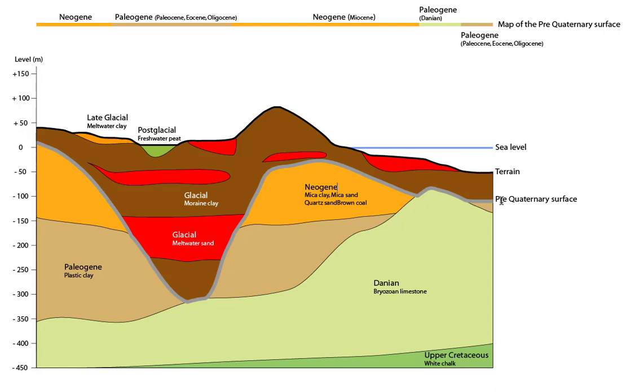We have another parameter, and that's what is the sediment type lying at the pre-quaternary surface. You can see that here it's Neogene sediments, and here we have Paleogene sediments. Here we have Neogene again, and here we have Danian sediments and Neogene. I've tried to illustrate it up here. This would illustrate the map of the pre-quaternary surface, meaning what sediment types we have at the pre-quaternary surface.